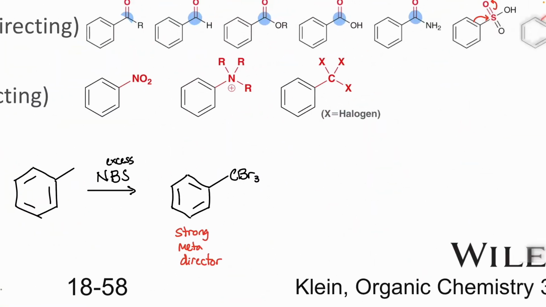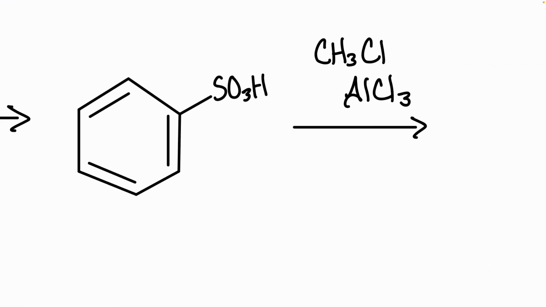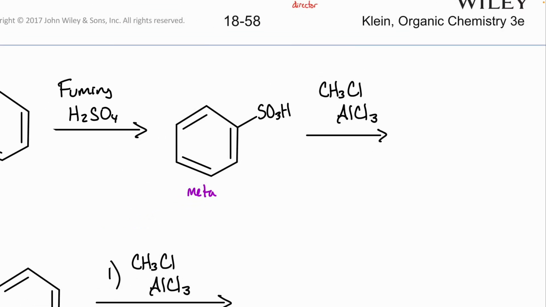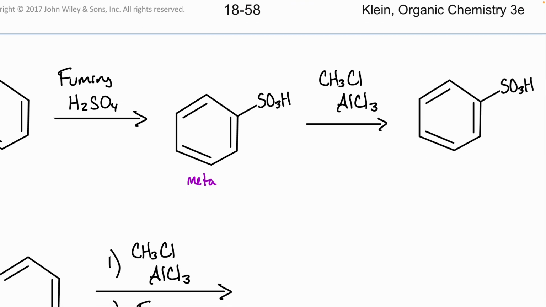This is one of our meta-directors here. Much like a carbonyl group, it will pull electron density away from that ring. So that means I'm just going to get my one product here. We don't know how to name these sulfonic acids, but I know it's my meta product.